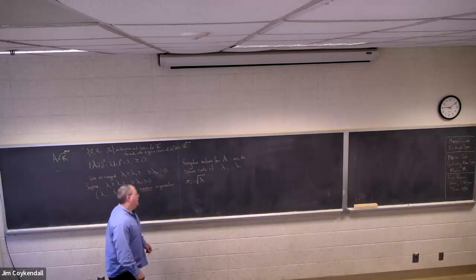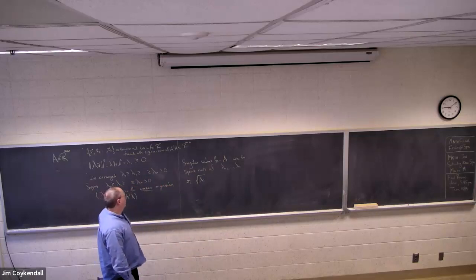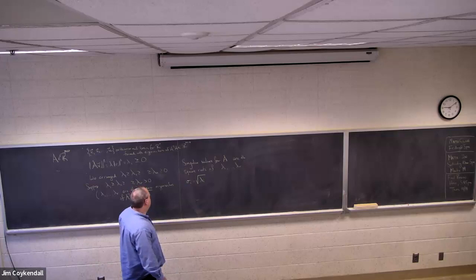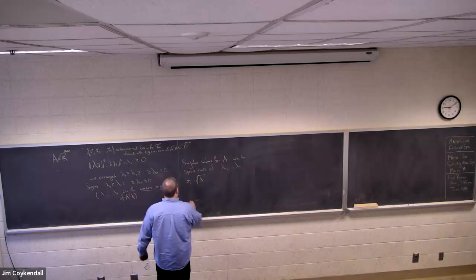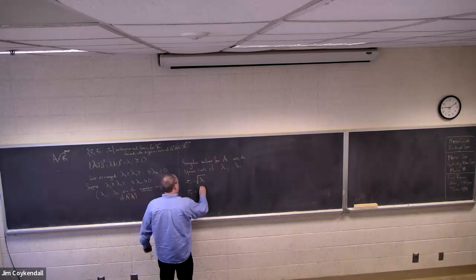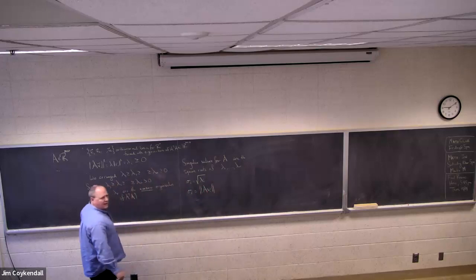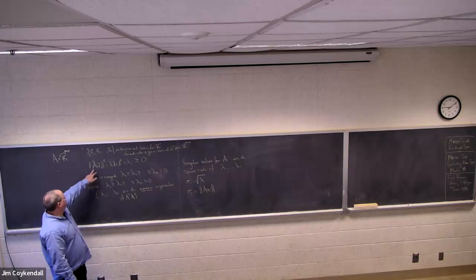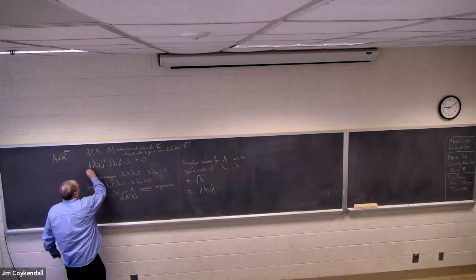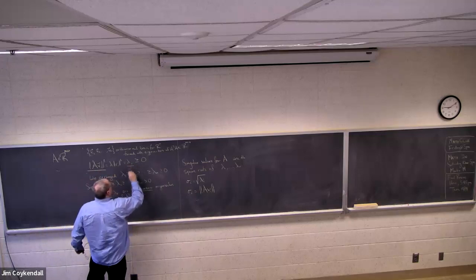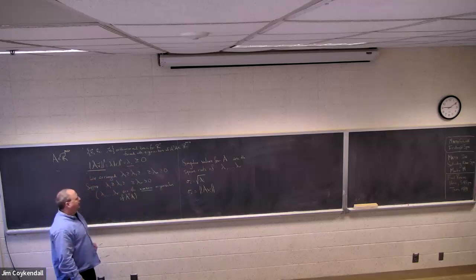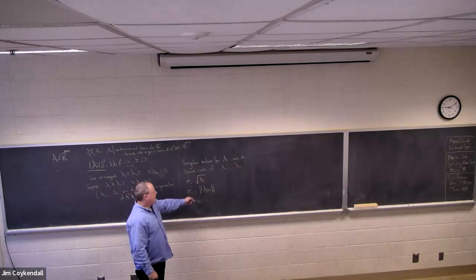Whether you include zeros or not in those eigenvalues, I don't really care that much. Note that sigma_i is the length of A v_i. That's going to come up. We're going to use that in a minute. And that just basically comes from taking the square root of this equation. The length of A v_i squared is lambda_i. So sigma_i, which is the square root of lambda_i, is the length.